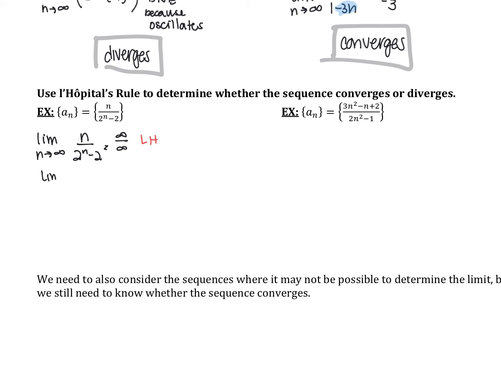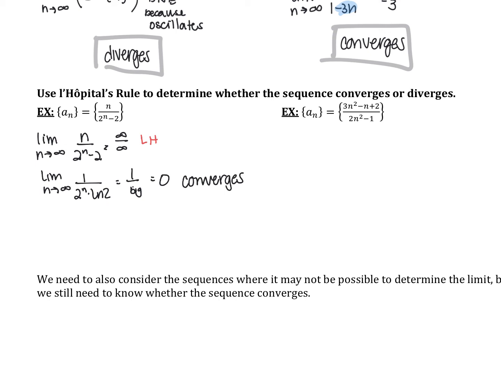And we get the limit as n approaches infinity of 1 over 2 to the n times the natural log of 2. Substituting in here, we would get 1 over a really big number, and 1 divided by a really big number makes a really tiny number. So the result is going to be 0. Therefore, we know that this converges.